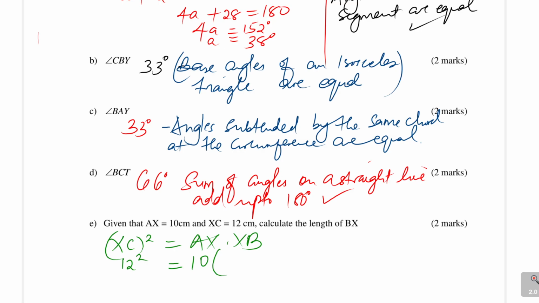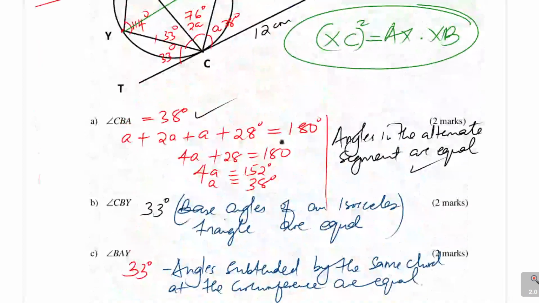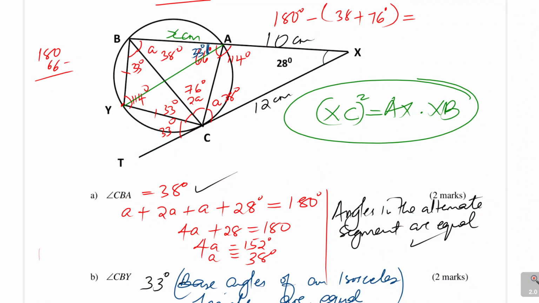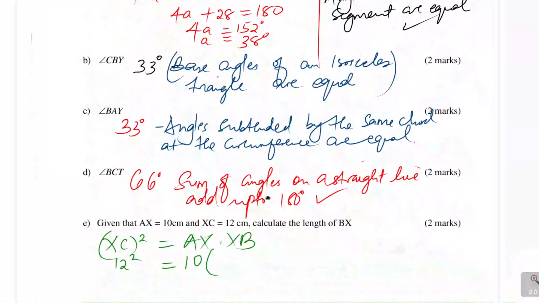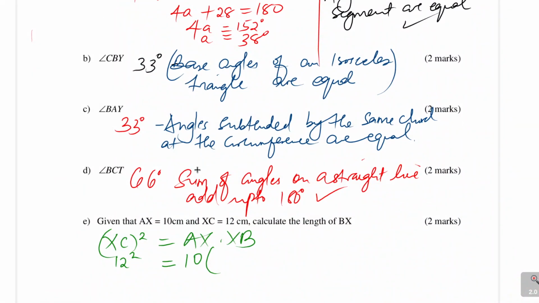Now remember that XB is here. XB is 10 plus x. So 10 plus x, like that. And this one will give 144.